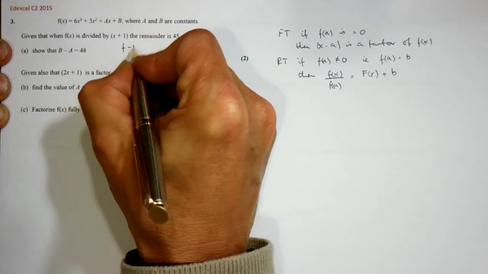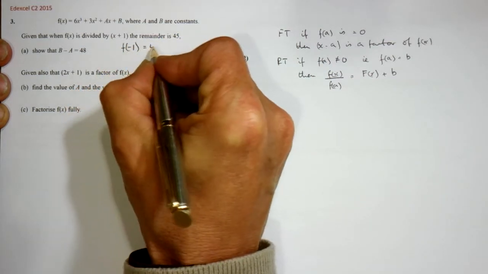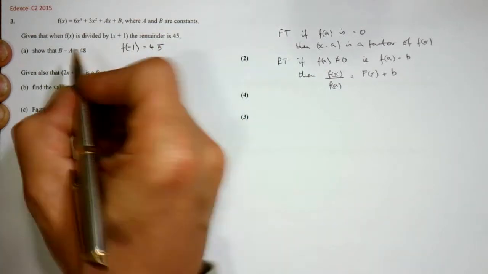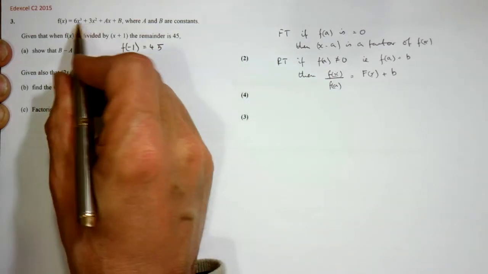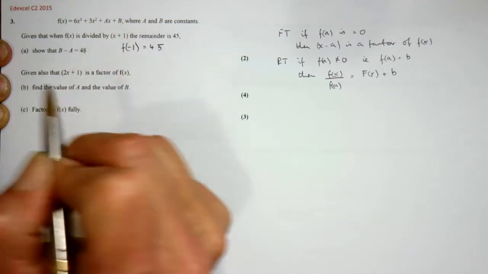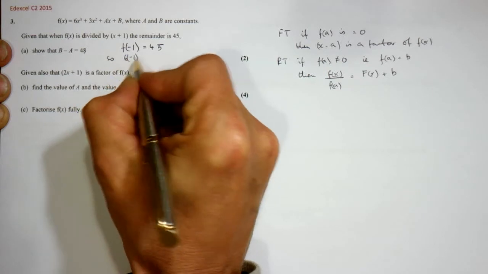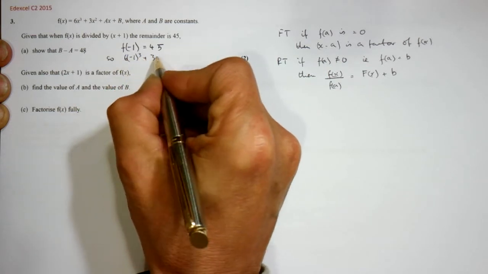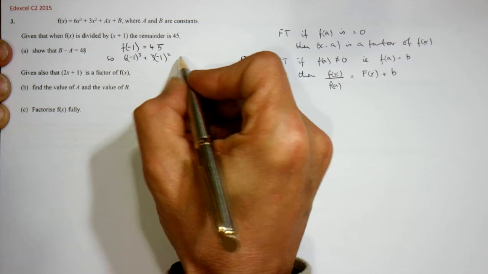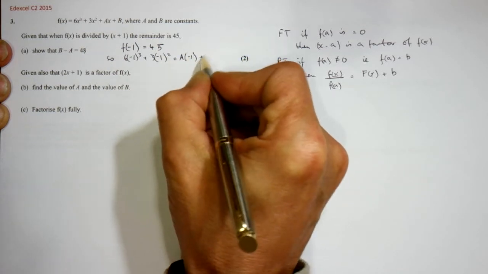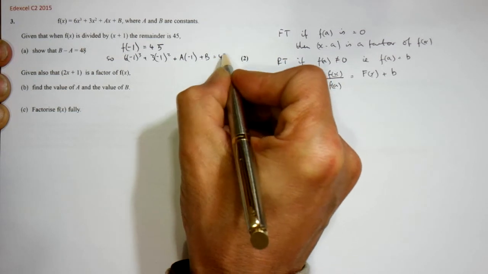So f of minus 1, using the remainder theorem, we can say that's 45. So 6 times minus 1 cubed plus 3 times minus 1 squared plus a times minus 1 plus b is equal to 45.